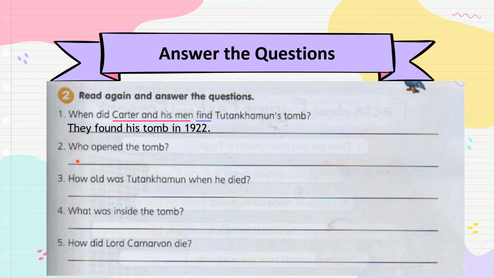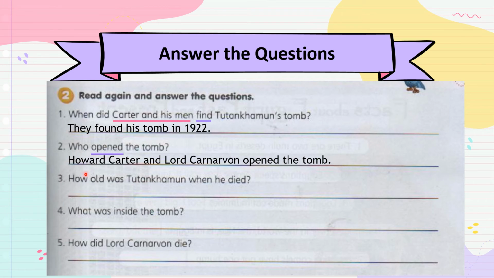Okay, let's look at the next question, number 2. Who opened the tomb? Siapa? Who? Siapa yang telah membuka makam tersebut? The answer is Howard Carter and Lord Carnarvon opened the tomb. Okay, who siapa?